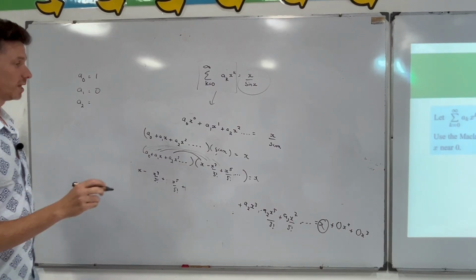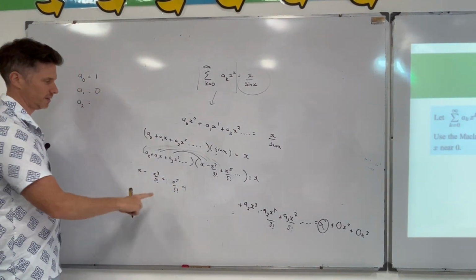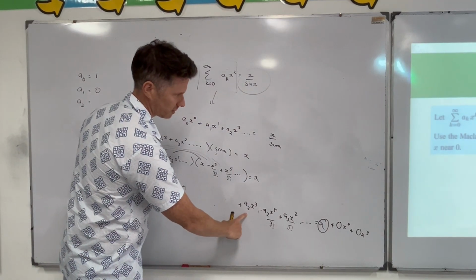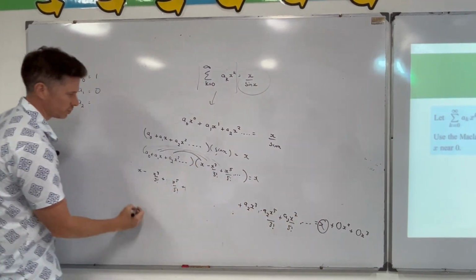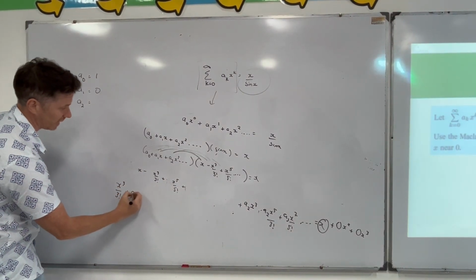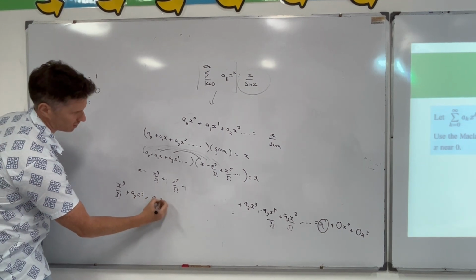Right. x cubed is next. x cubed over 3 factorial plus A2 x cubed have to equal 0 x cubed.